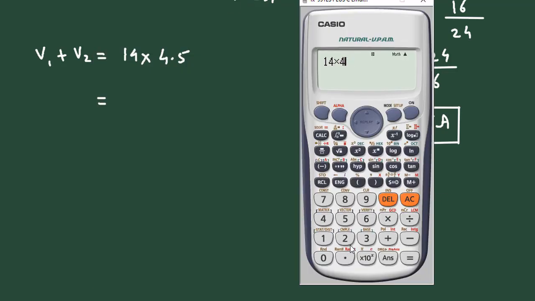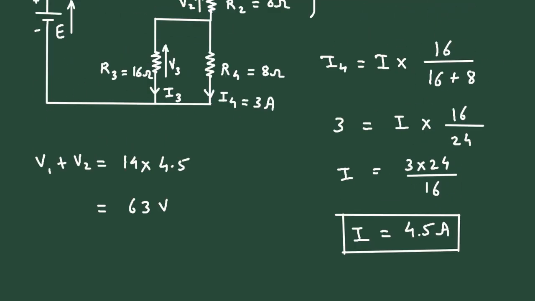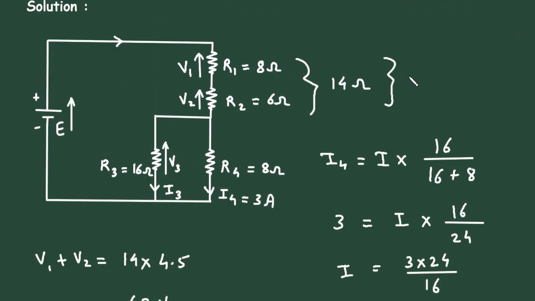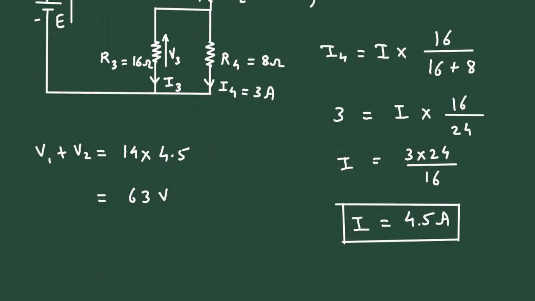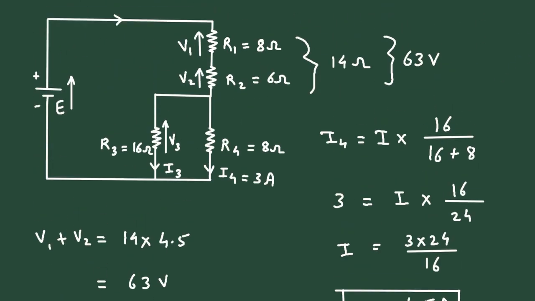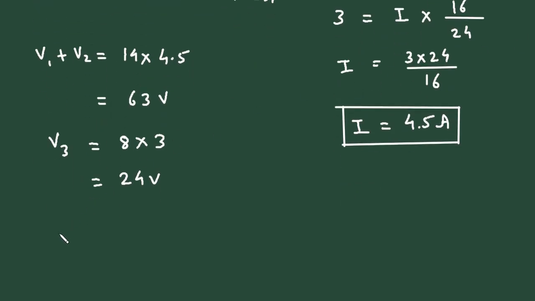Now we have to find this ammeter current. Let's say this current is current I1. So apply the current division rule. So this will be I1 is equal to this current.